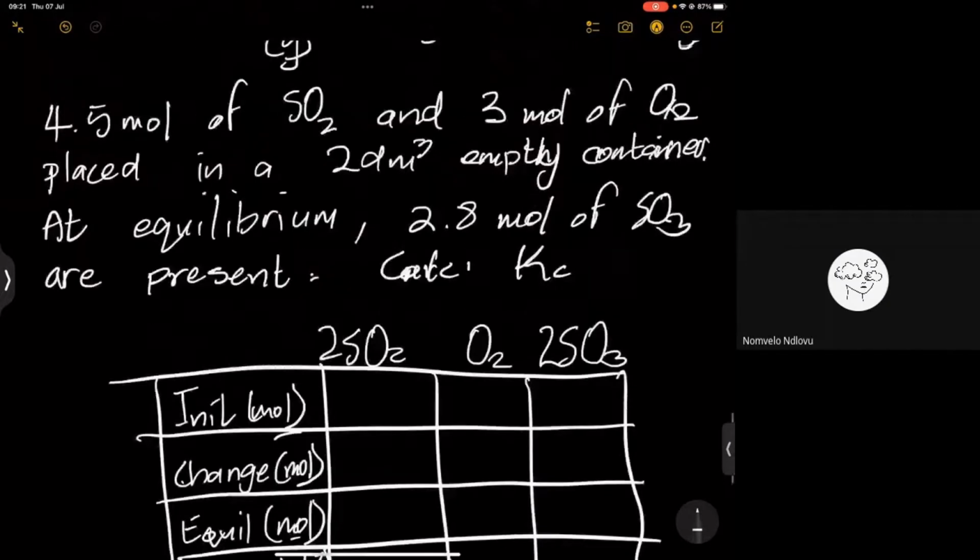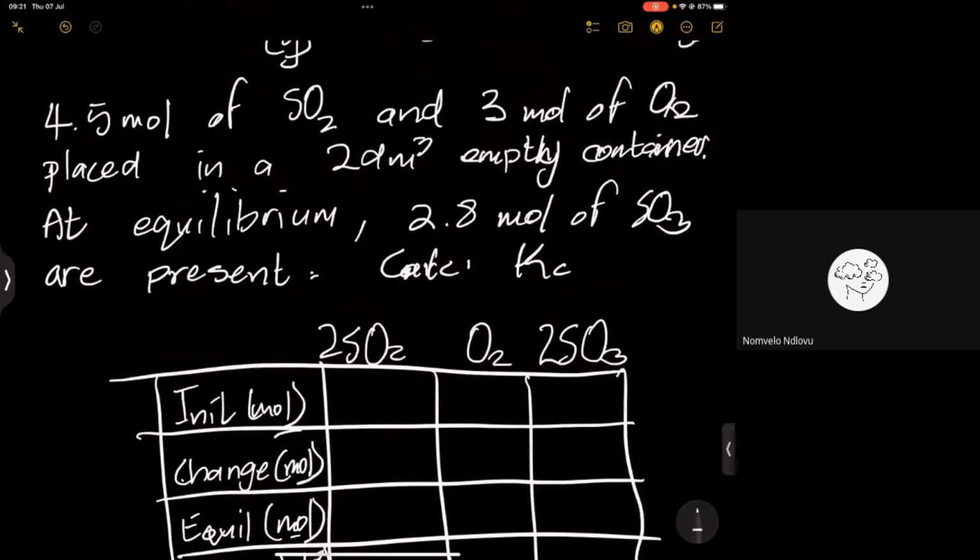Right, now look at this. Initially, what do we start with? We started with 4.5 moles of sulfur dioxide, and we started with 3 moles of oxygen. Now, we did say it was an empty container, so we were not given the initial concentration of the products, so we assume that it is 0.